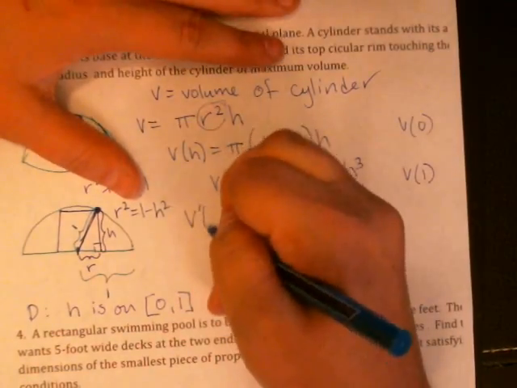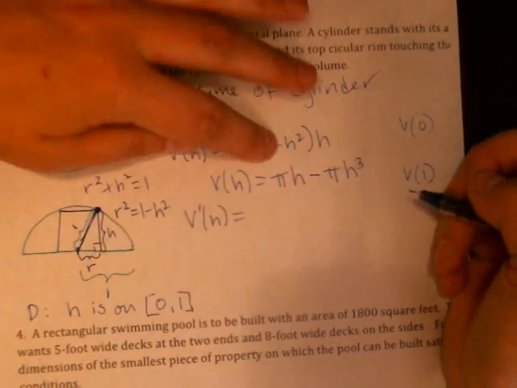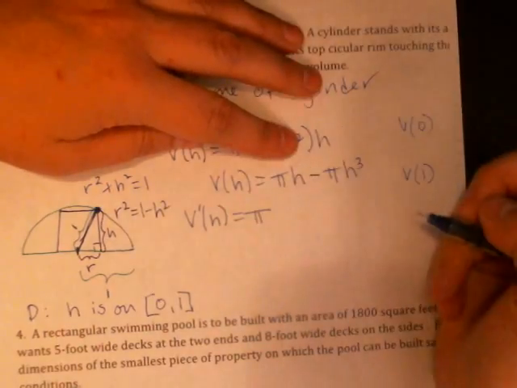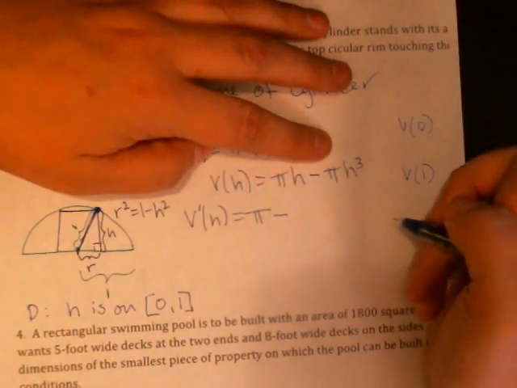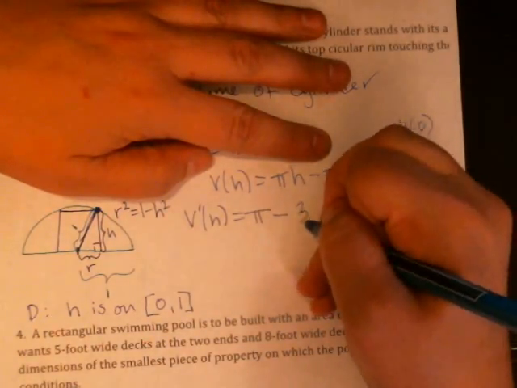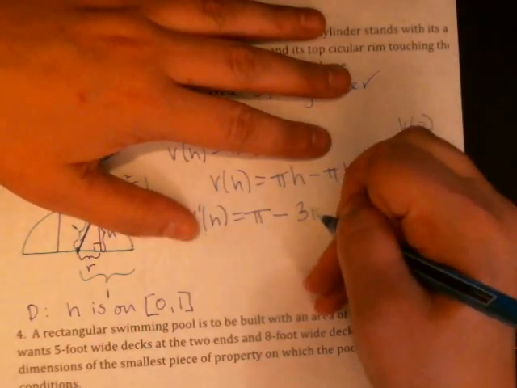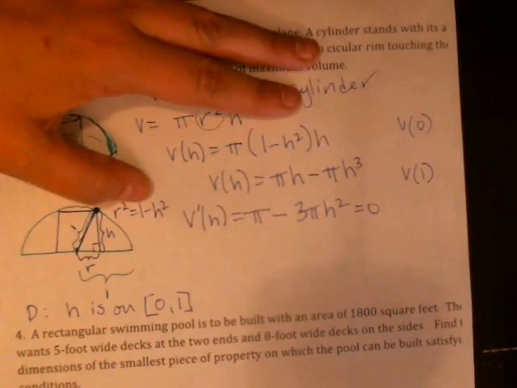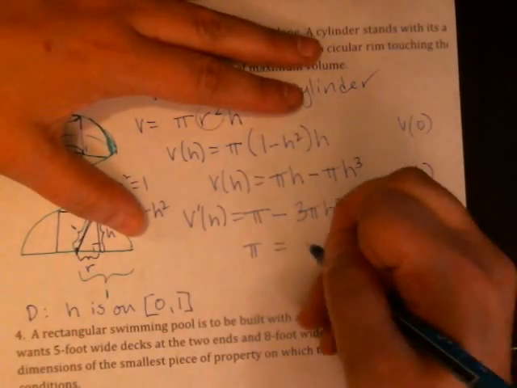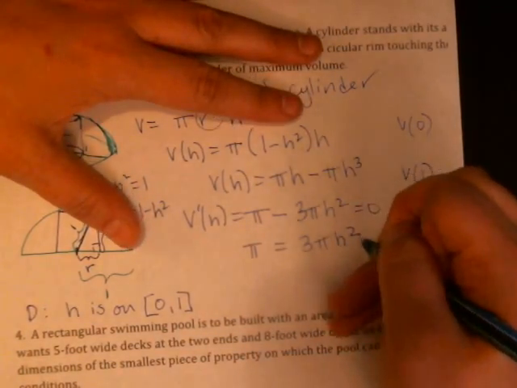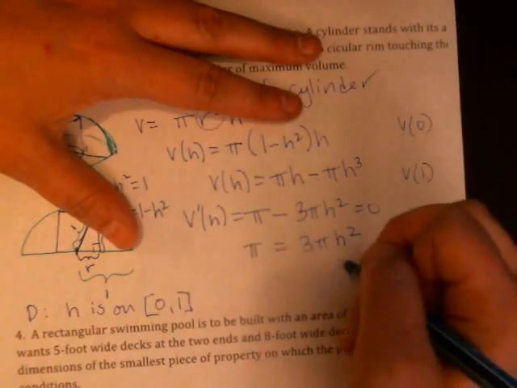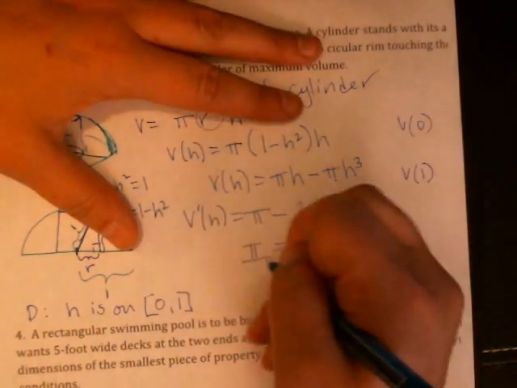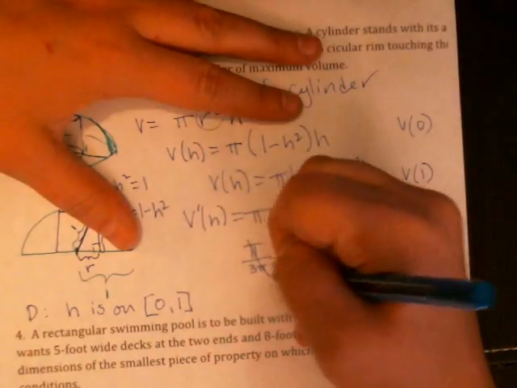And then critical values. We're going to get the derivative of pi h is pi, the derivative of pi h cubed is 3 pi h squared. And if we set that equal to 0, I'm going to add the 3 pi h squared. I'm going to divide by 3 pi, which actually cancels out a pi.